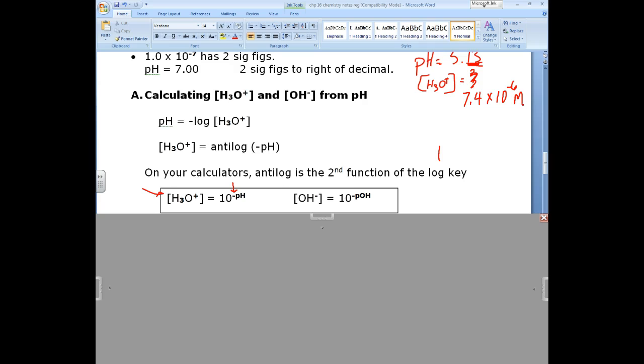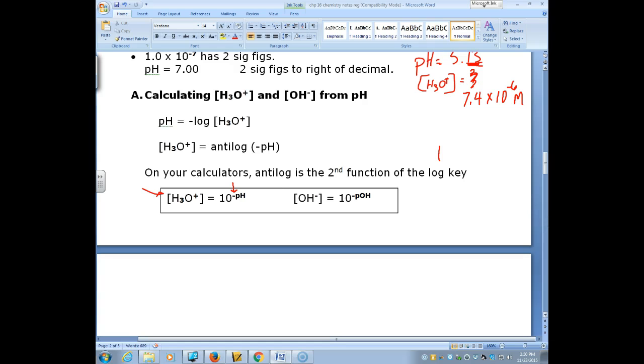I can also do the same thing with hydroxide. Now, if we are looking for the hydroxide ion concentration, we also have a formula for that. But notice it does not involve pH, it involves pOH.